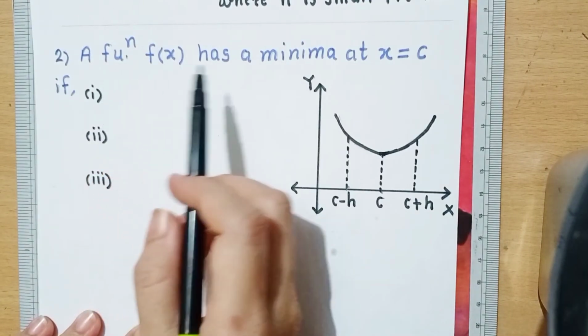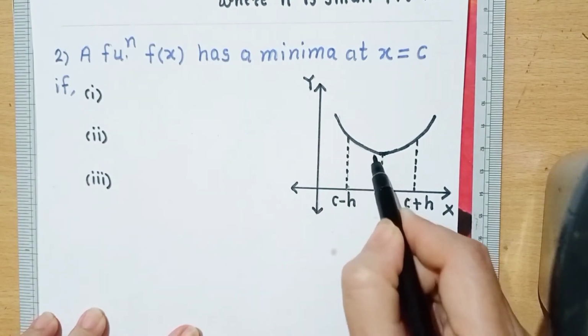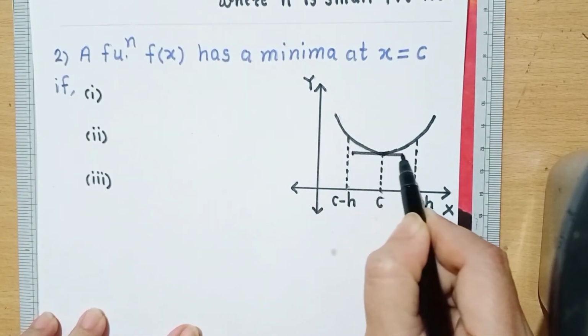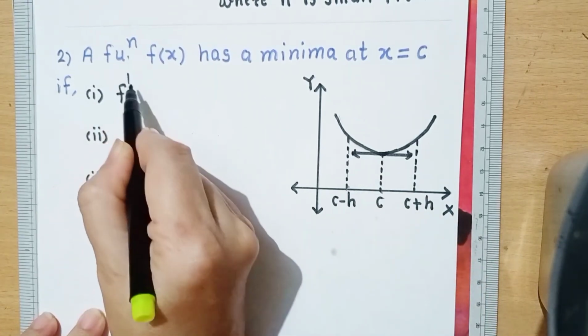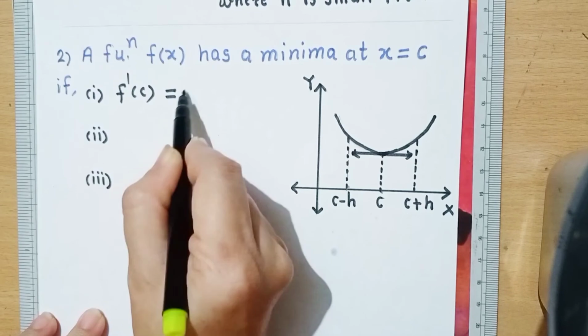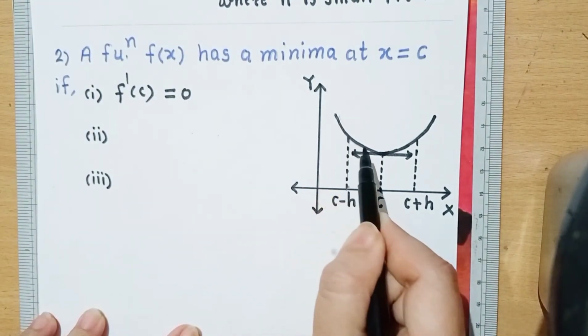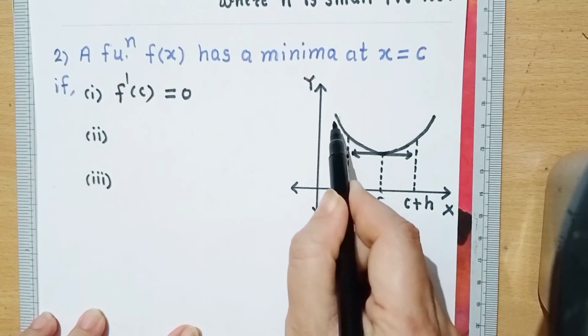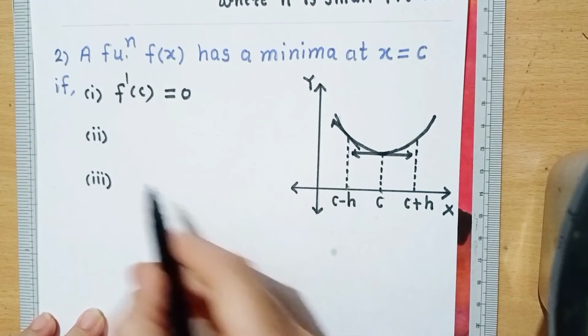Now let's see the second point. A function f(x) has a minima at x is equal to c. Now at this point the tangent is parallel to the x-axis, therefore slope at this point equal to 0. Now in this interval the curve is decreasing, so slope at this point is definitely less than 0.